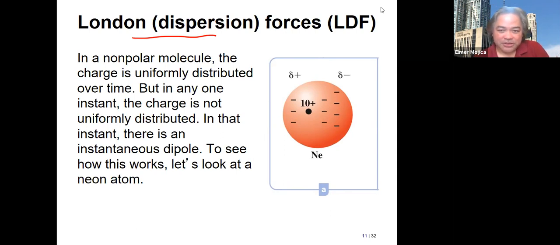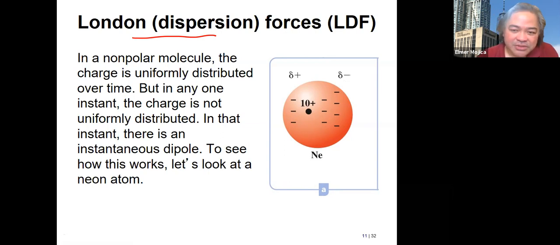So in some instances for neon, some of the electrons will go here compared to this one. So instead of a 5 to 5 where there's equal sharing, 7 of the electrons go here and 3 are left here. So there are more electrons here, so this will become partially negative charge.